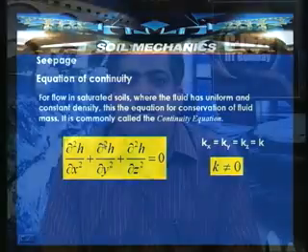In terms of 3-dimensional flow considerations, we can write it as dou square h by dou x square plus dou square h by dou y square plus dou square h by dou z square is equal to 0. This can also be indicated as del square h is equal to 0, the Laplace equation of continuity.